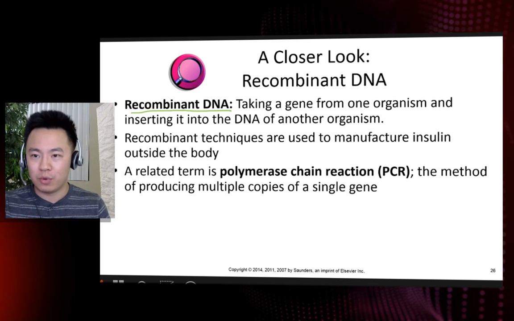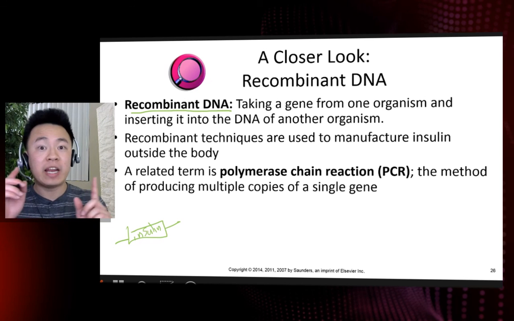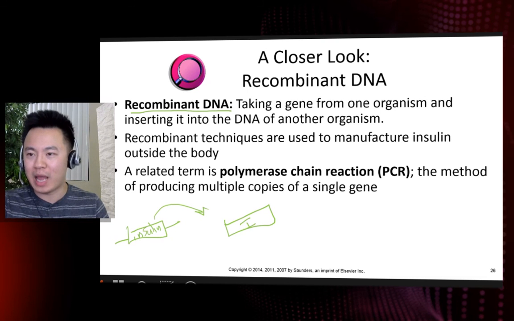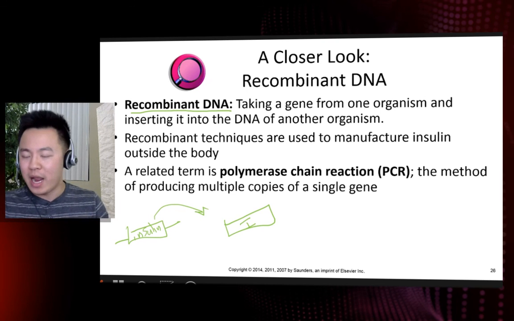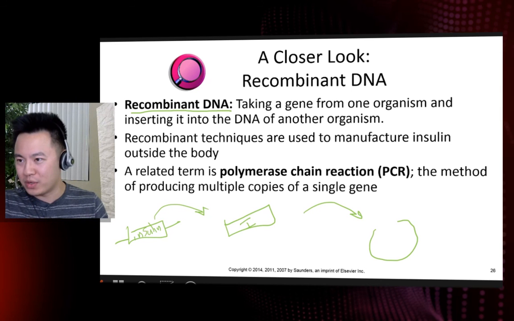So, for example, let's say that I have a particular gene here for insulin. Okay, that would be an example of a gene of insulin. And then what happens is that we take out that genetic code for insulin. Take it out. So now we have here the code for insulin. I'm just going to abbreviate that as the letter I. And then we're going to stick it in something else. For example, we have here something known as a plasmid, the letter I there.